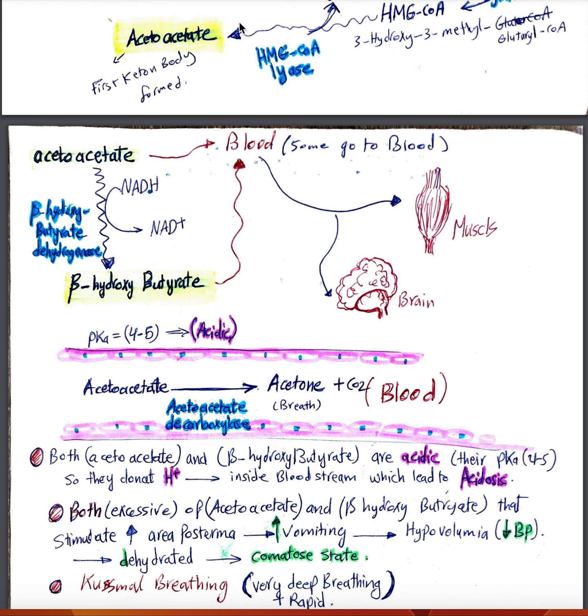The main one is acetoacetate, which by beta hydroxybutyrate dehydrogenase leads to beta hydroxybutyrate. Acetoacetate itself, by acetoacetate dehydrogenase, loses a carboxyl group, and that leads to acetone and CO2, and acetone is the third ketone body.